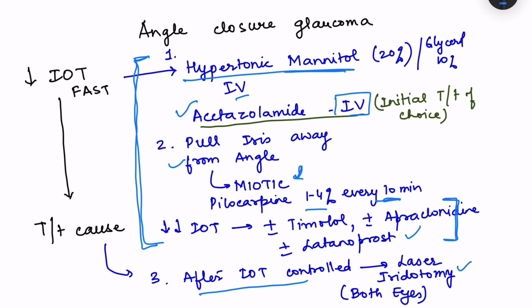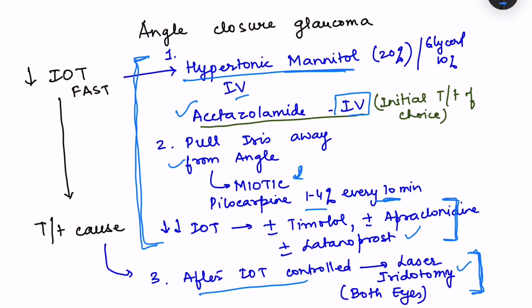Yeah, so I was telling that after decreasing the intraocular tension by these various mechanisms, once intraocular tension is controlled, laser iridotomy needs to be performed. That is making a hole in the iris, so that even if the iris touches the lens, there is not complete blockage of the pathway, and via that hole, the aqueous humor will enter into the anterior chamber.